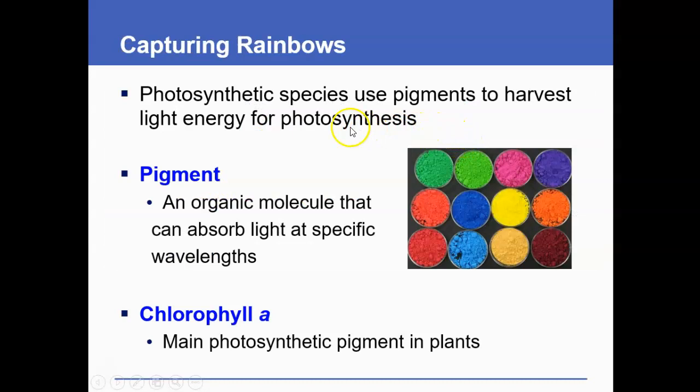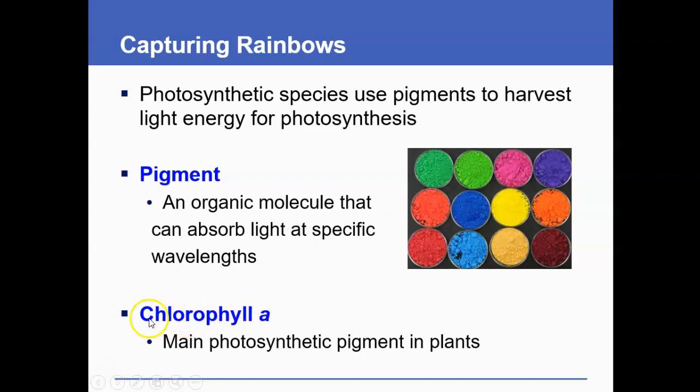So thinking about those terms and thinking about those colors, we get to talk about a pigment. So a pigment is an organic molecule that's going to absorb light at a specific wavelength. It is going to reflect back a particular wavelength of light, and those are the ones that are going to hit our eyeballs, and those are the colors that we actually see.